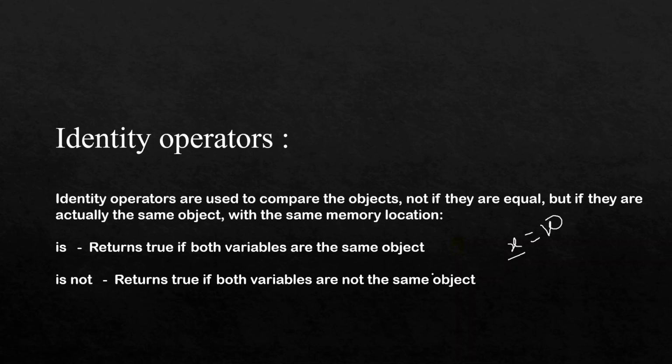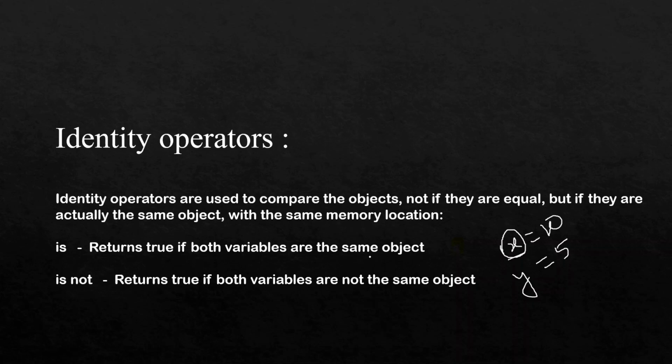So why this class? Because x belongs to the integer object. Suppose another object y is there; the identity operator checks whether x and y belong to the same object, not just the same value.